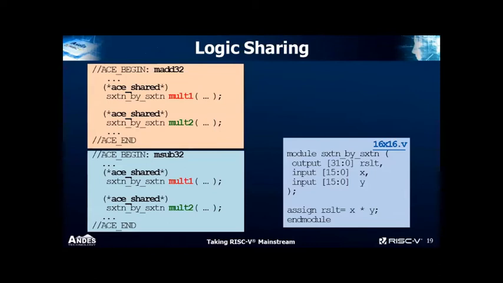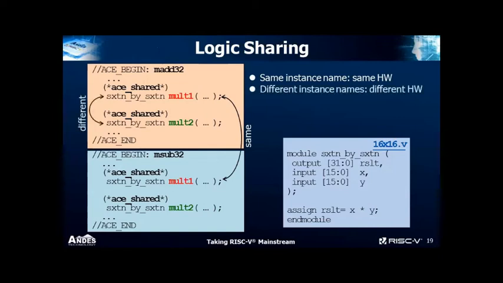Logic sharing can also help the designer reduce the hardware gate count. Designer just need to add preset AC_shared in front of the module to enable logic sharing. If designer want to share same hardware, in this case 16 by 16 multiplier, they can name the module using the same name.